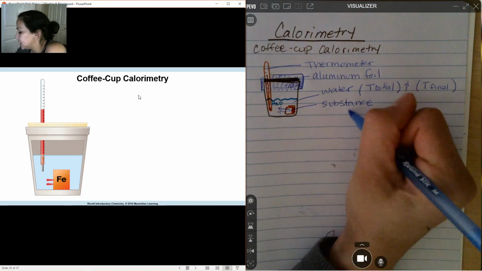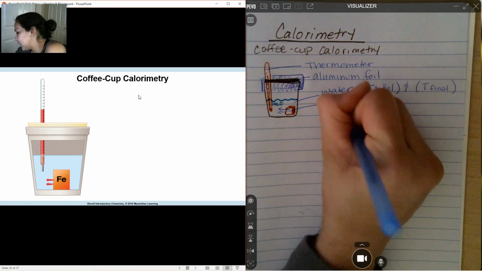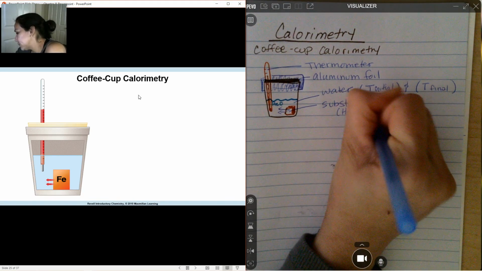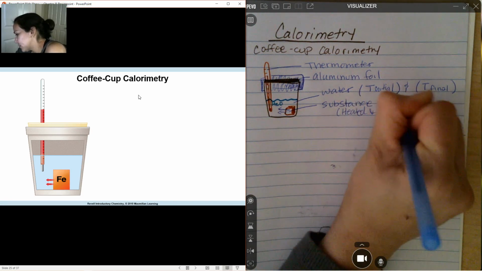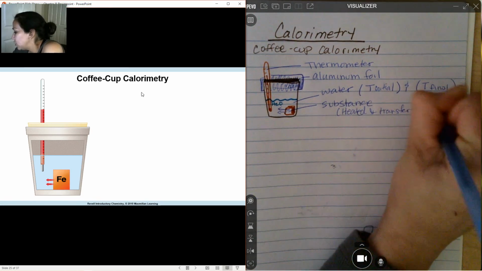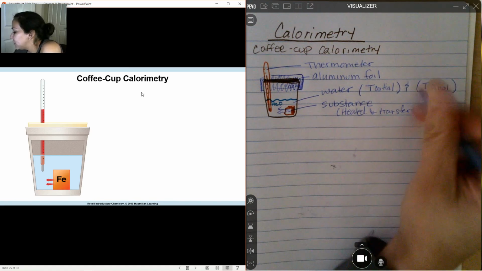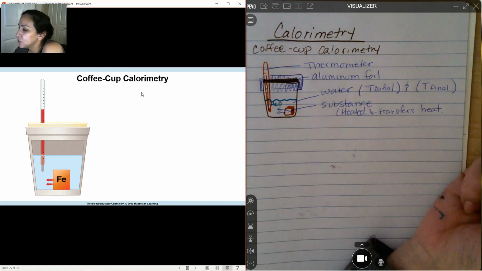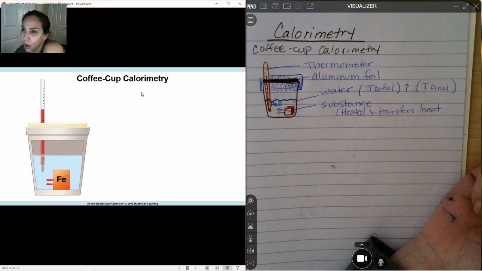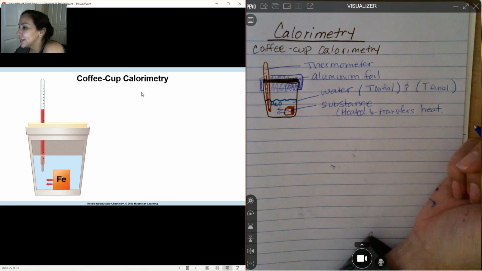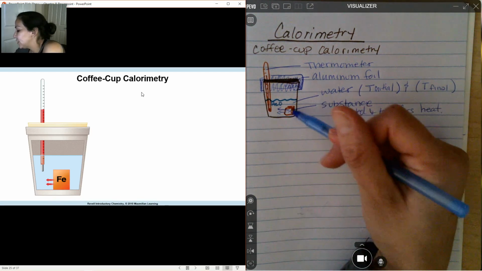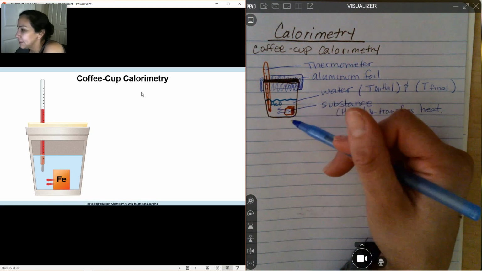And your substance is going to be the one that's heated and transfers heat. And usually we know the temperature of this substance because we're going to boil it in water. We're going to boil it in water for like 10 minutes. So that should give you the temperature of this substance right here.